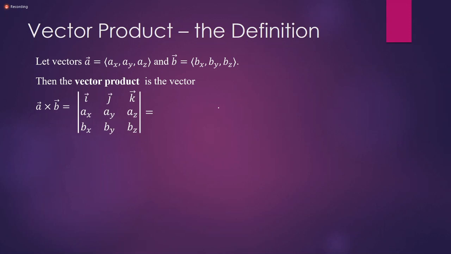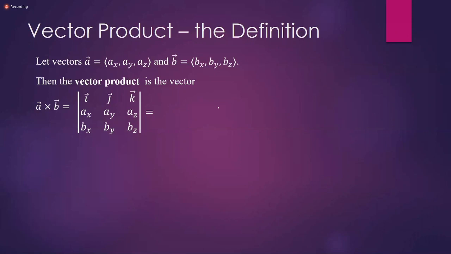So you see, we have a determinant. The first row consists of the base unit vectors, as you see, i, j, k. The second row is the coordinates of the vector A, ax, ay, az, and the third row are the coordinates of the vector B, bx, by, bz.